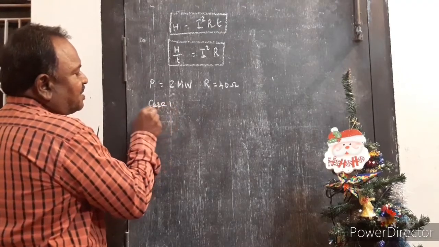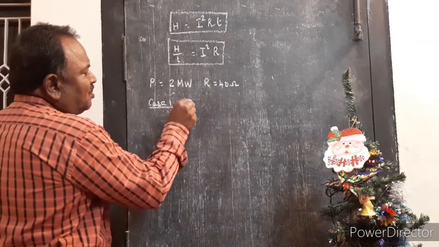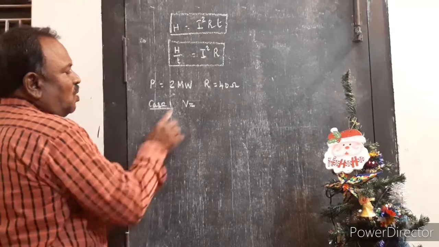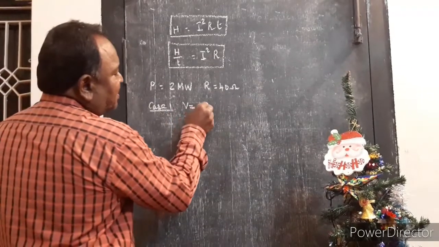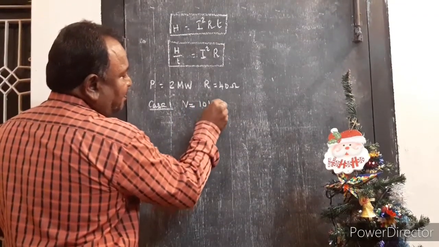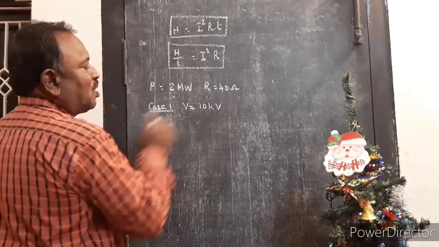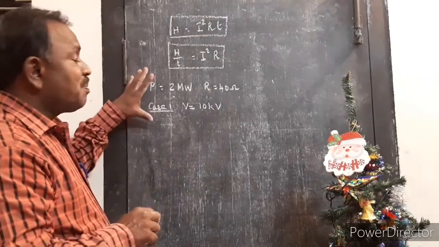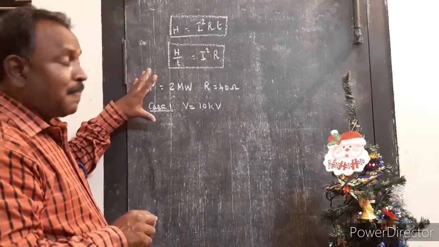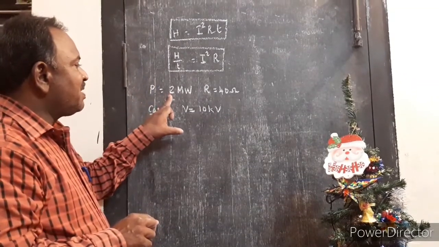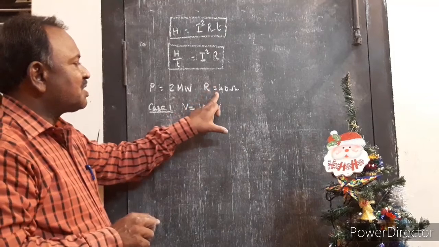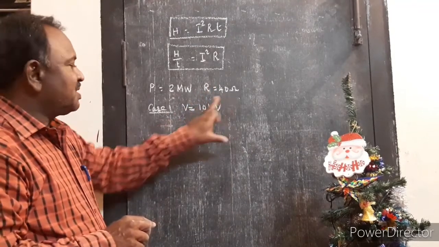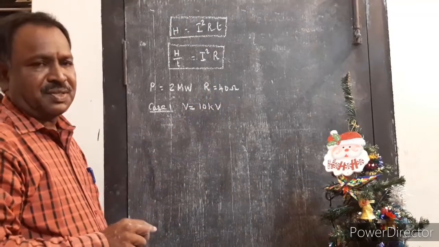In the first case, it is sent through transmission lines whose potential difference is 10 kilovolts. Now I am going to calculate how much electric power is wasted when this power is sent through this transmission line of resistance at this voltage.